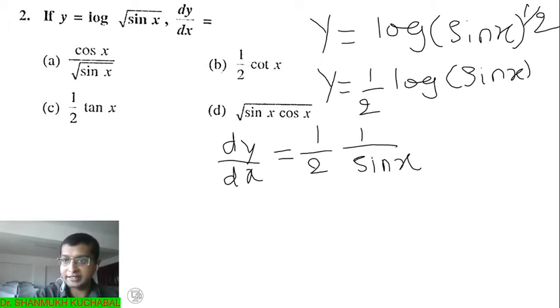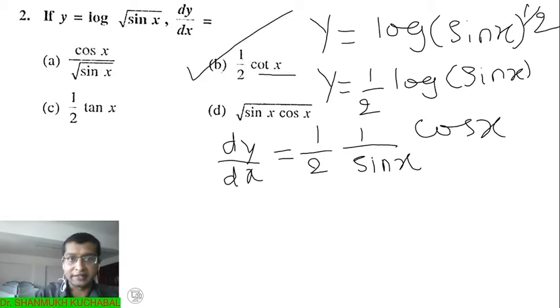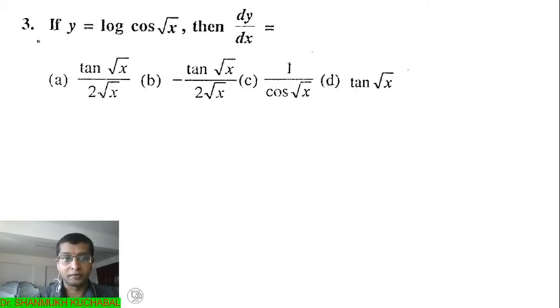Sin x is the inner function, its differentiation is cos x. So cos divided by sin is cot x, multiplied by 1 by 2. Therefore B is the right answer. Like this, within 2 or 3 steps we should compute the differentiation, then verify among the 4 options.